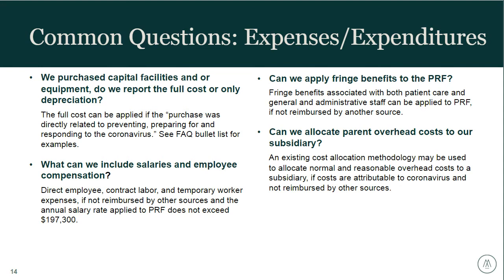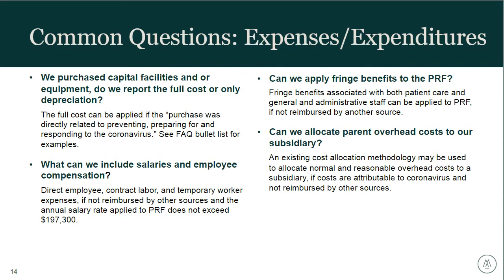And then thinking about allocating overhead costs. So HHS recently provided for us that if there is an existing cost allocation methodology, you may use that. But I imagine Aparna is going to cover this as well, but when we're thinking about single audit federal funds, there is the opportunity that one can apply what's called a de minimis overhead rate, which is currently 10%.